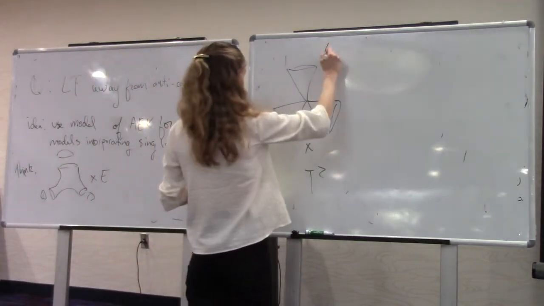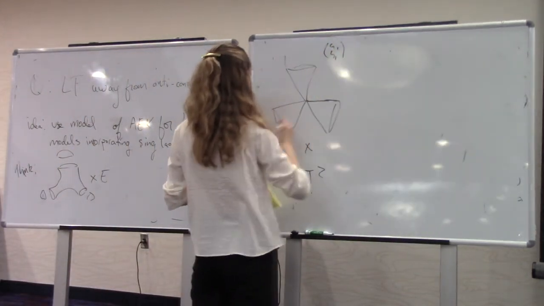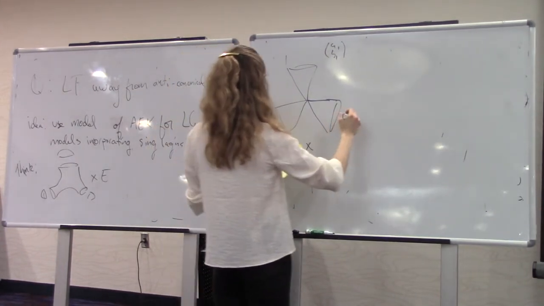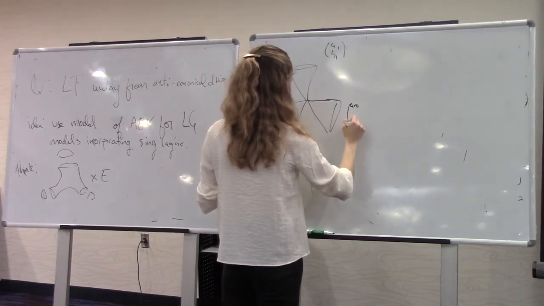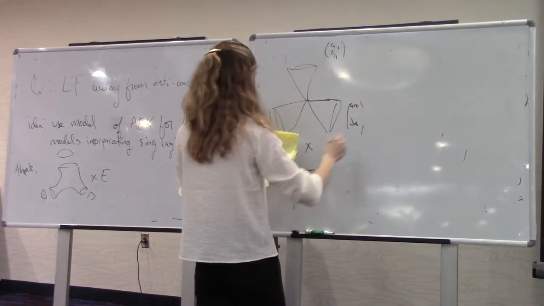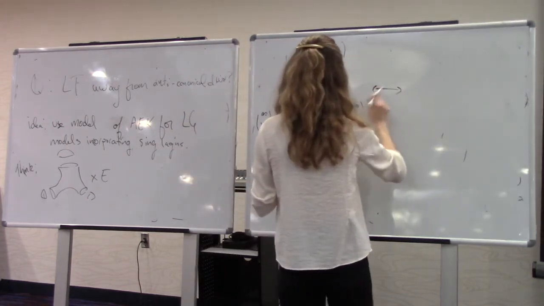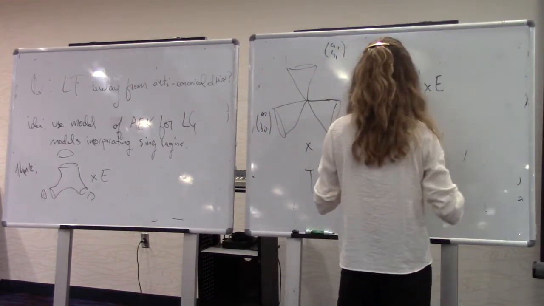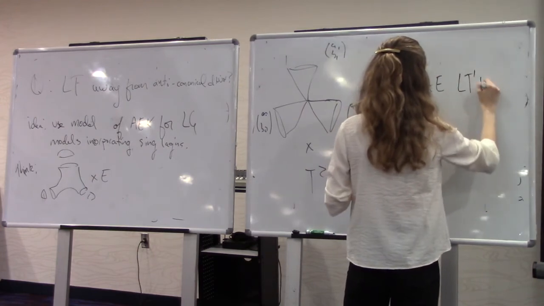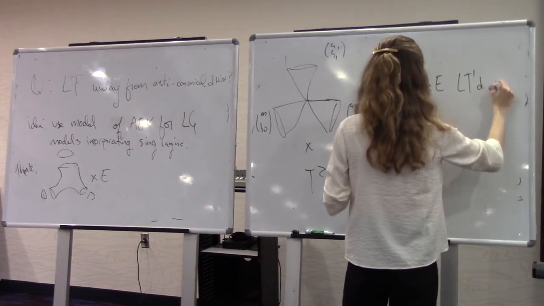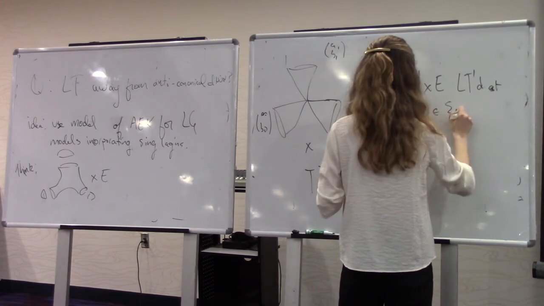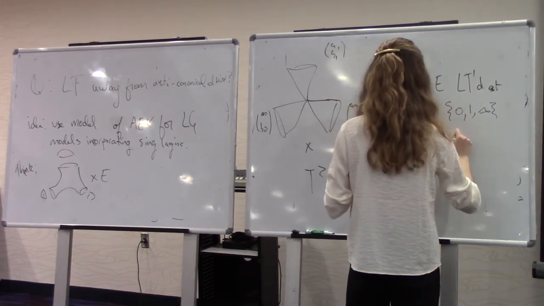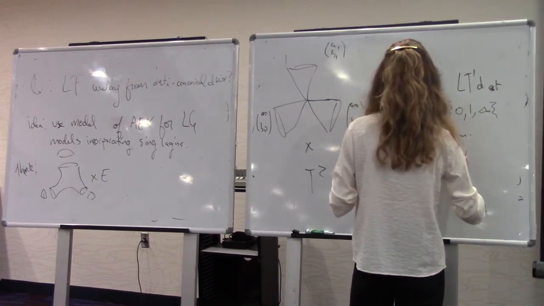And then you put some A1, B1 boundary conditions here, A0, B0 boundary conditions here, A infinity, B infinity boundary conditions here. I conjecture that this is mirror to the P1 times E, log transformed at P0, 1, and infinity with parameters AP, BP.